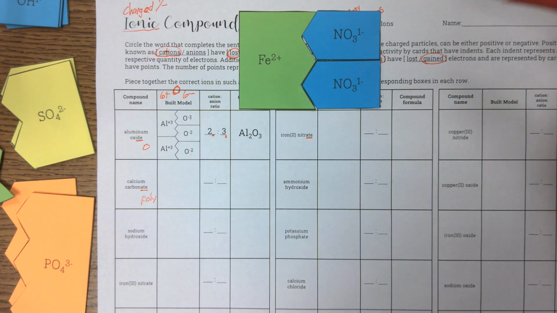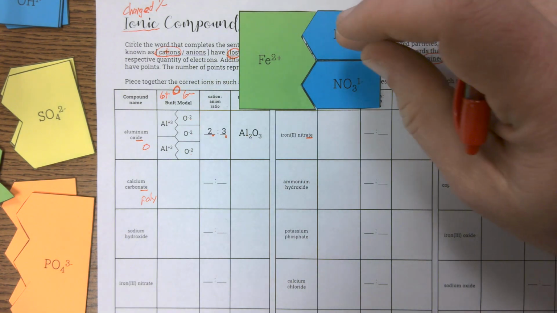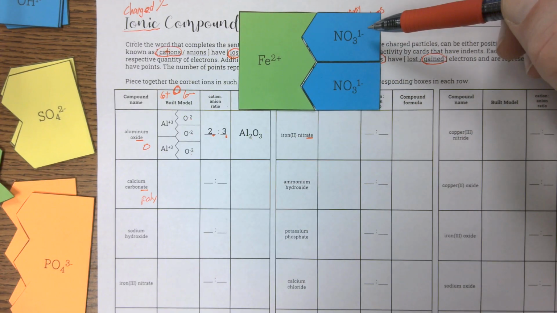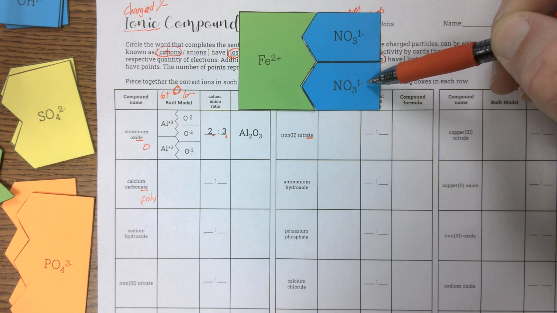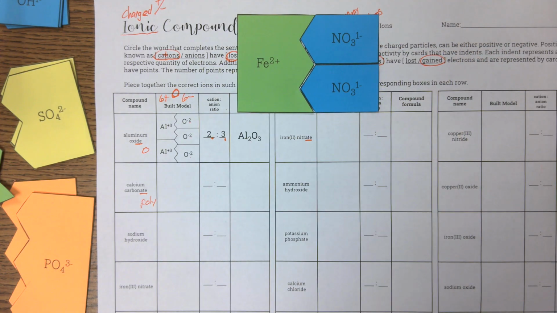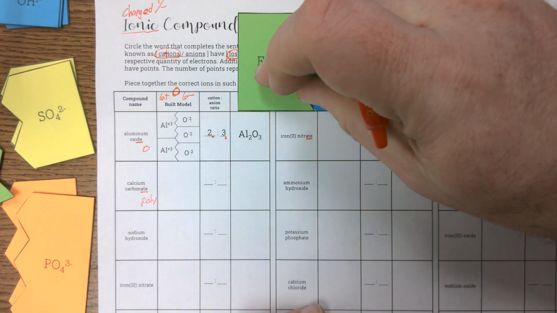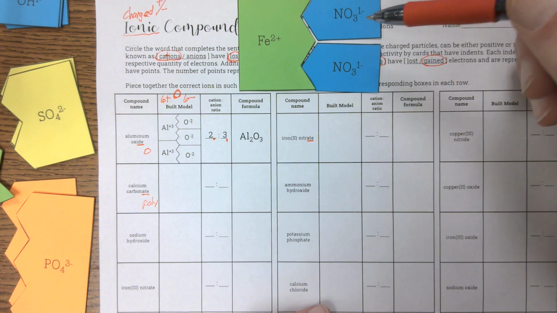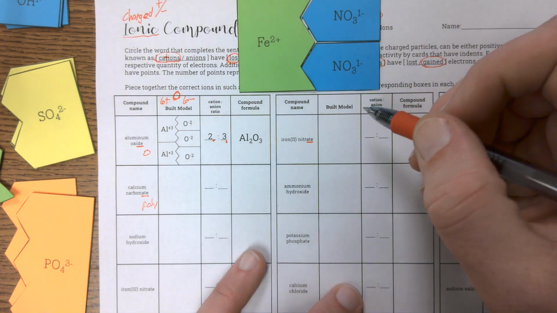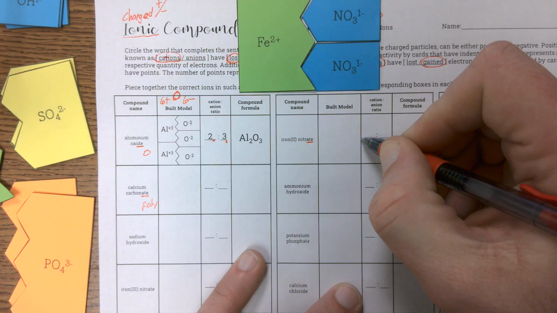And so now I have completed my rectangle. If I look at my charges, I have a 2+ here, and a 1- and another 1-, so 2- here, so +2 -2, that balances out. And so I'm going to redraw what I created here. Forgive my artistic ability, it is not good.